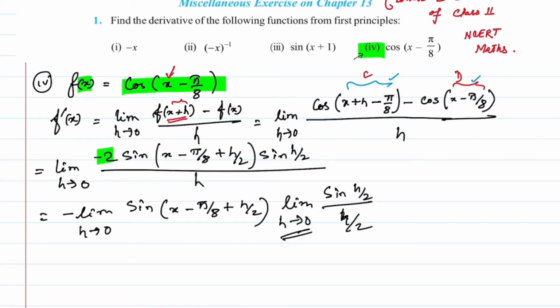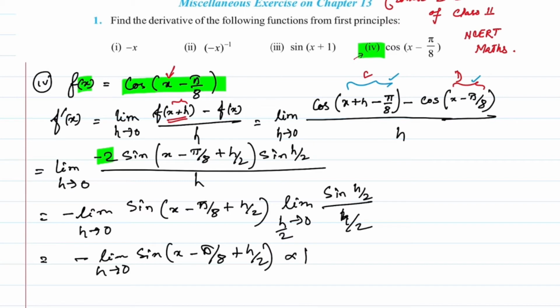So now as h tends to 0, we can say h by 2 also tends to 0. And now this is a standard limit, which is equal to 1. So that's why our result is minus limit h tends to 0 of sin of x minus pi by 8 plus h by 2, into 1.